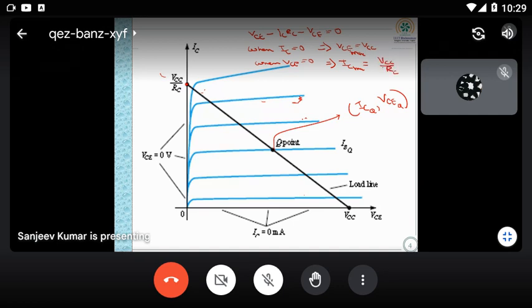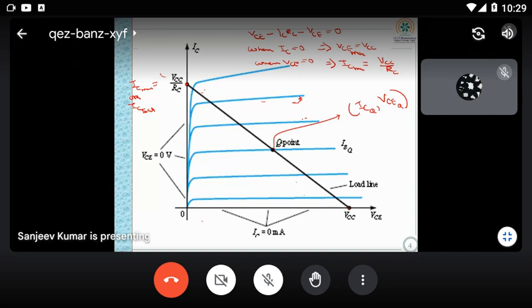So these are the maximum voltage and current you are getting. Then we have to plot those points. This is the maximum current, so you can call it IC maximum, or IC saturation. Similarly, this is your VCE maximum, or the maximum supply voltage VCC.